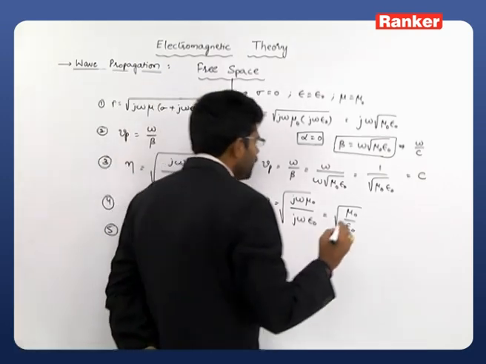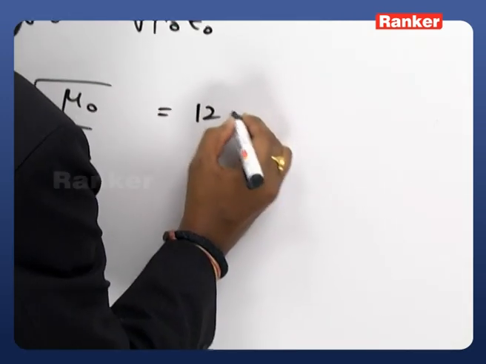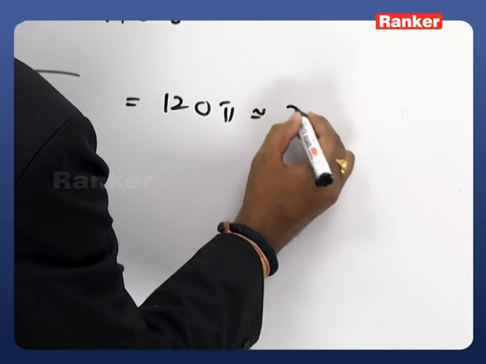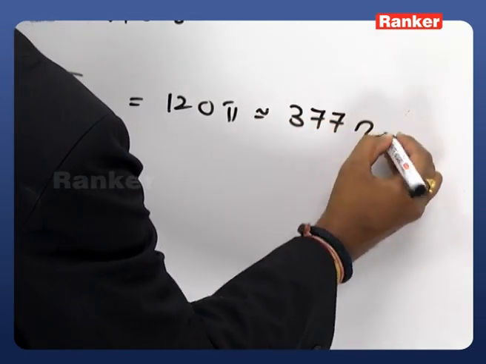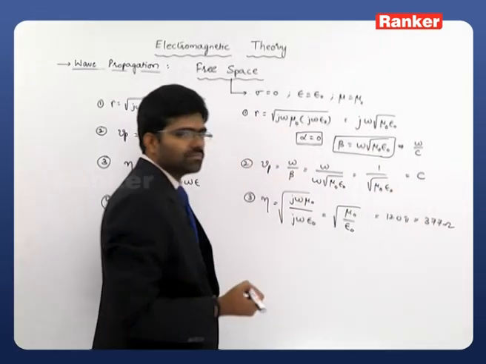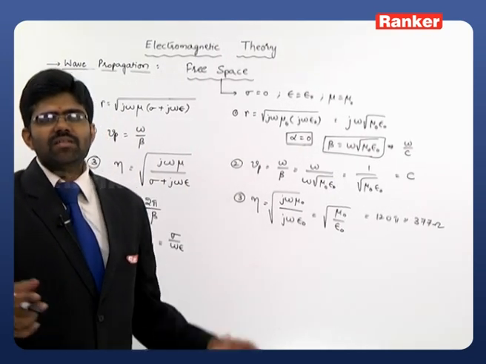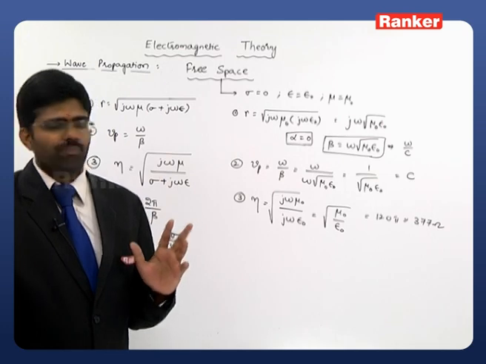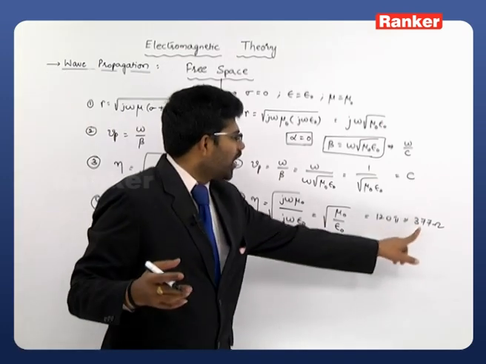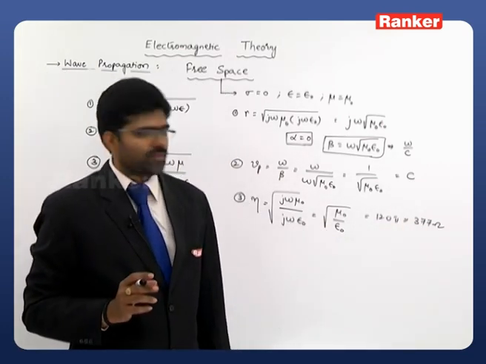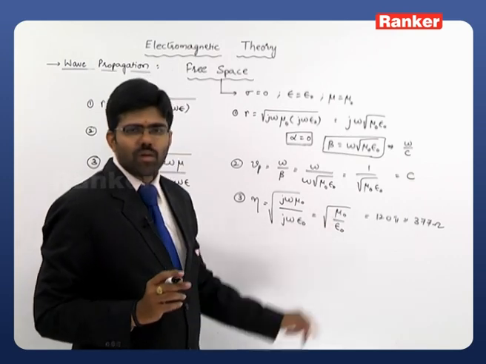That constant is simply equal to 120 pi or approximately 377 ohms. This is a very, very important constant we have to remember. The characteristic impedance of free space is simply 120 pi or 377 ohms, which is equal to under root mu naught by epsilon naught.